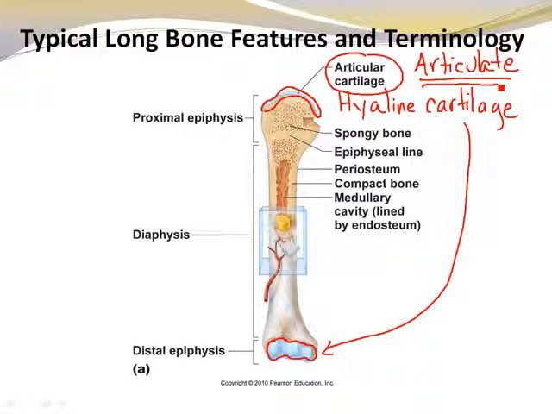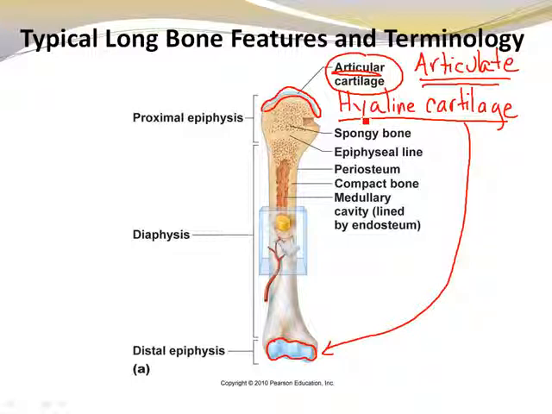So when you're studying the skeletal system and you talk about articulation, that's referring to where bones are coming together at joints. Therefore, this articular cartilage just means the cartilage on the ends of these long bones that's present at a joint. Now, the official tissue name for that is hyaline cartilage. Articular cartilages are composed of hyaline cartilage.